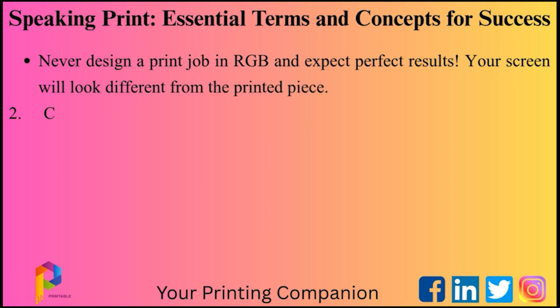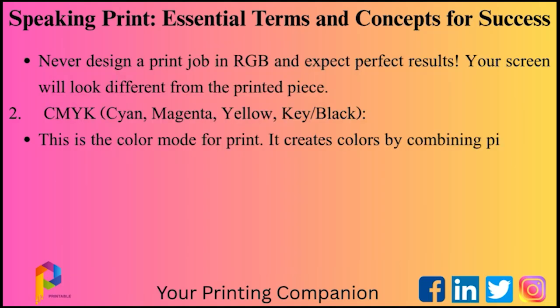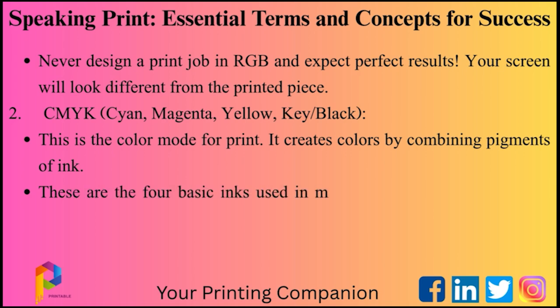Number 2, CMYK, cyan, magenta, yellow, key black. This is the color mode of print. It creates color by combining pigments of ink. These are the 4 basic inks used in most full color offset and digital printing.